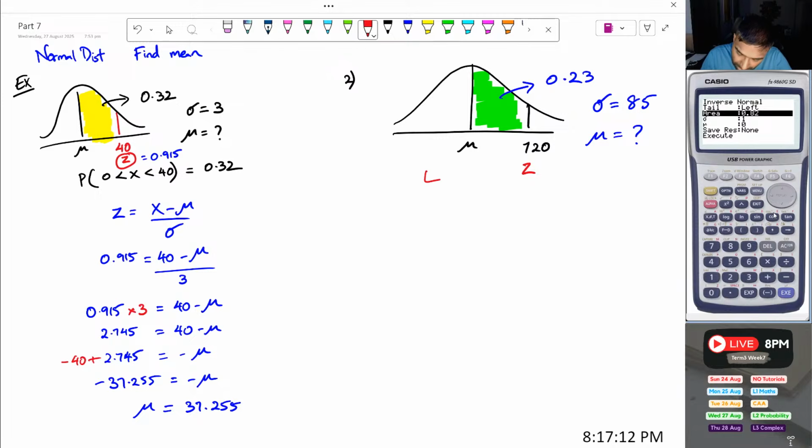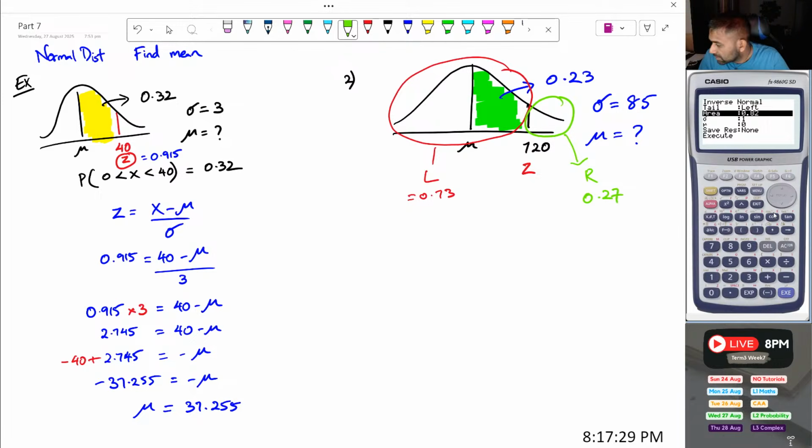So if I go to the left tail, that's this part here, which is equal to 0.73. But if I decide to go to the right tail, then that's going to be 0.27. So let's actually try 0.27, and I'm going to change that to right.